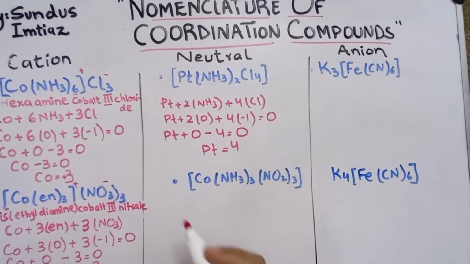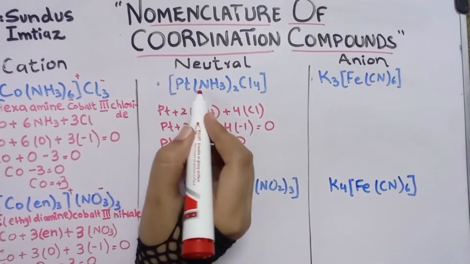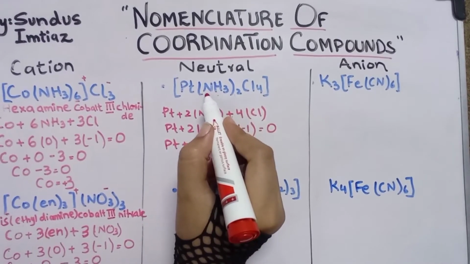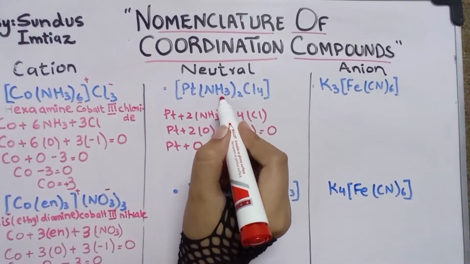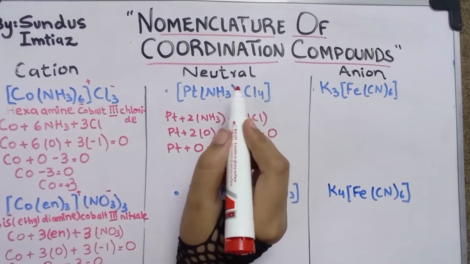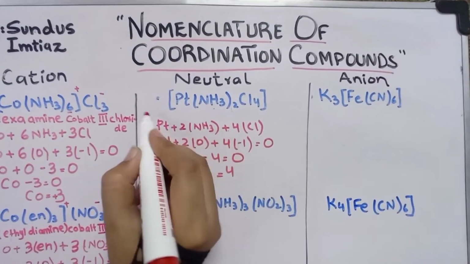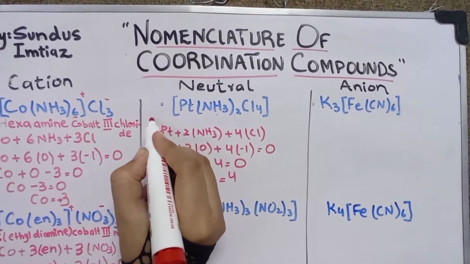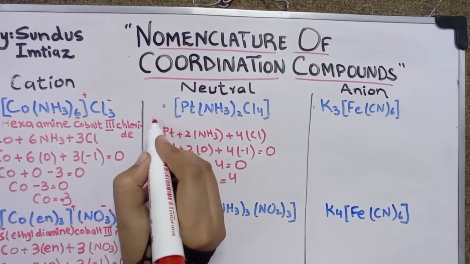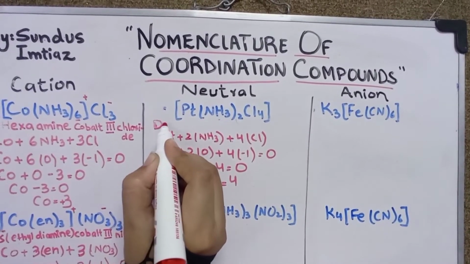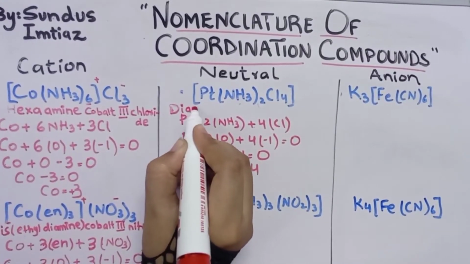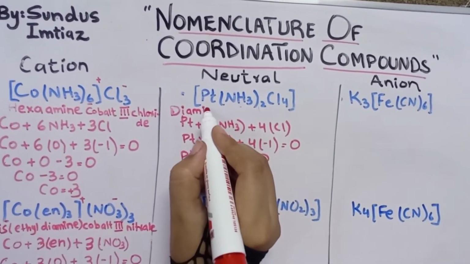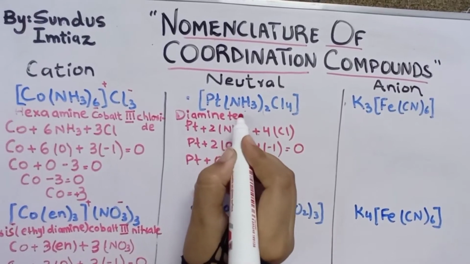Now let's write the name of this compound. Of course, starting with the ligand, there are two ligands, so we will write first diamine, then chloride or chloro, let's see, and platinum. It's not an organic ligand, so we will write di, not bis, tris, etc. Diamine, tetra means 4.